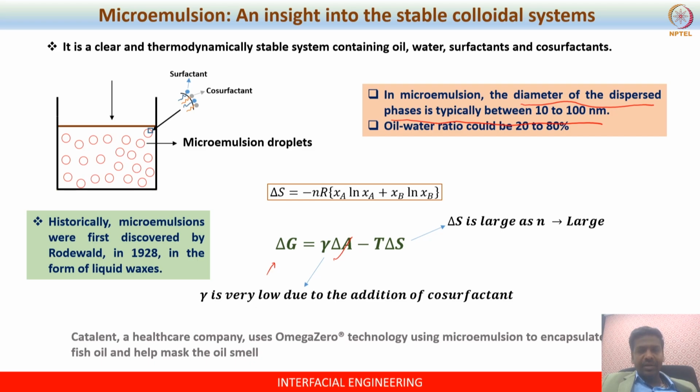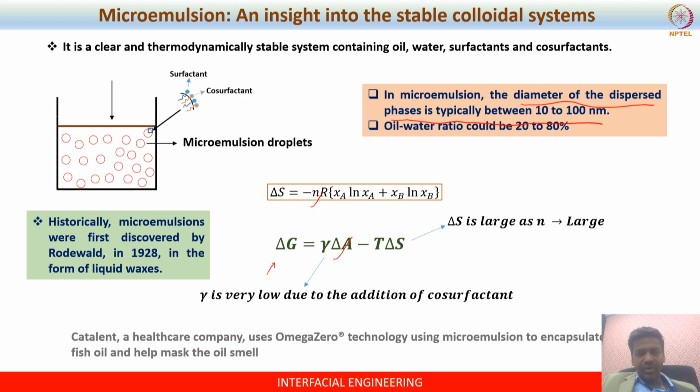But at the same time, for the entropic part, if you go by the statistical definition of entropy, you can understand that the number of droplets generated plays a major role here. Because N is very, very large, entropy will be highly positive in this case.